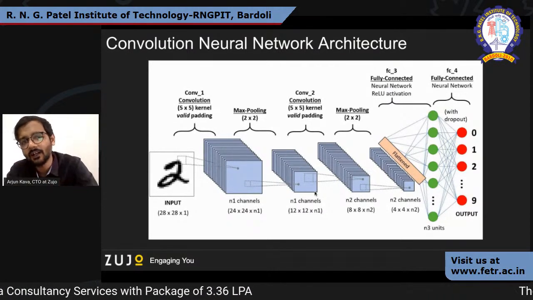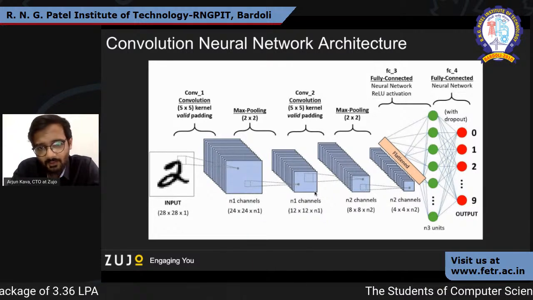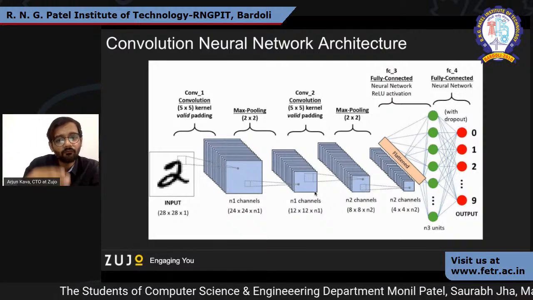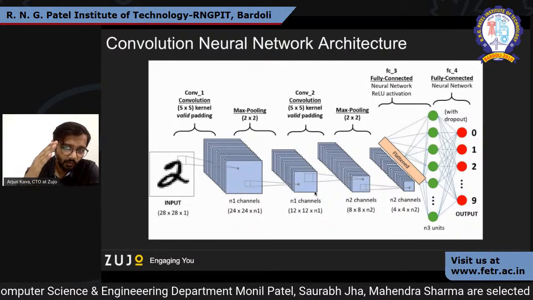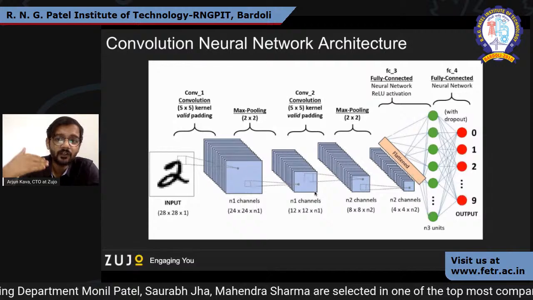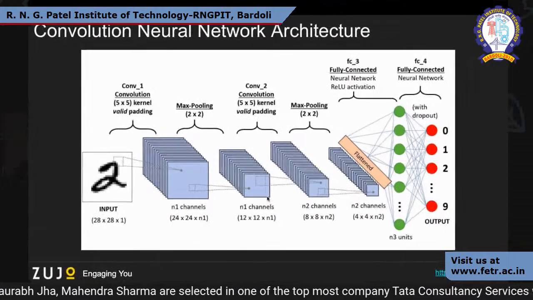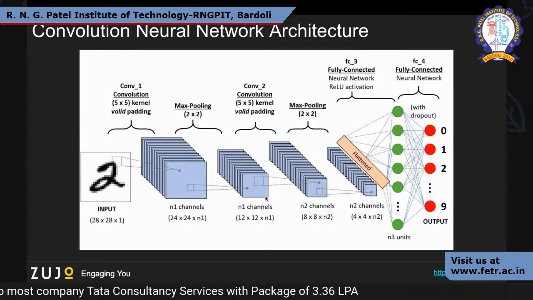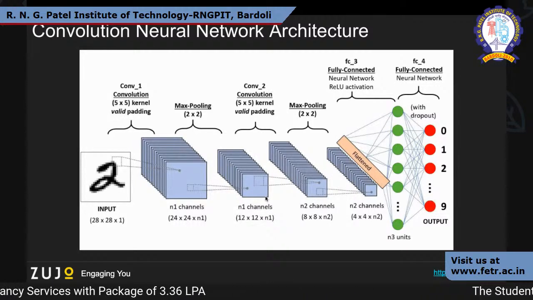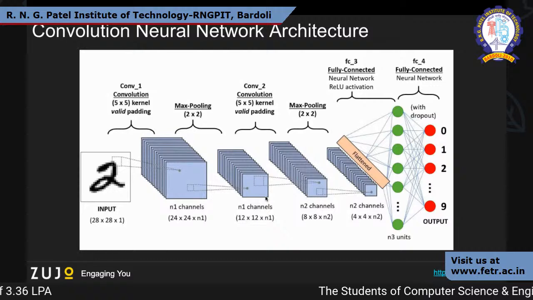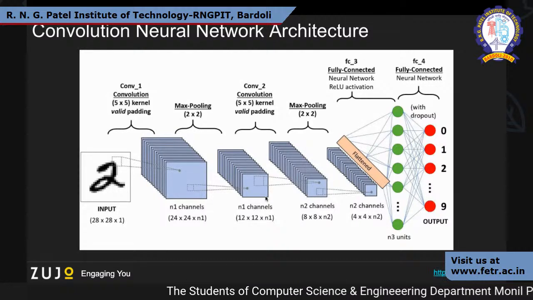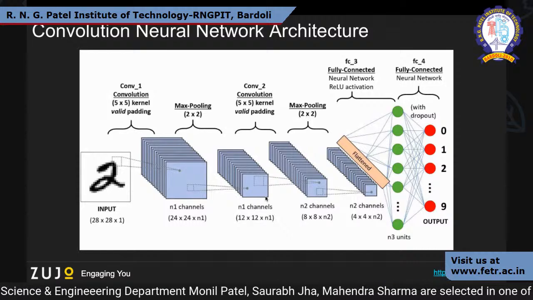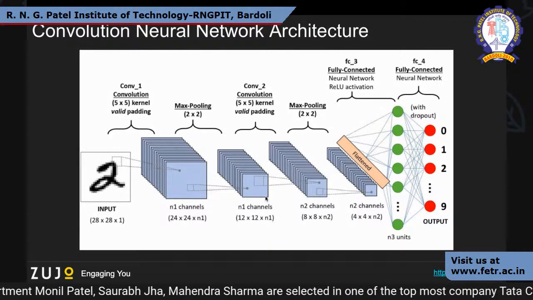Then, as you can see, again we used max pooling in the last part of the network. And then we flattened down the whole high dimensional data using a fully connected network, which is FC, basically. This is the term we use in deep learning, FC layer. So these are convolution 1, max pooling, convolution 2, max pooling 2, and FC3 and FC4, the layers of your convolution neural network.